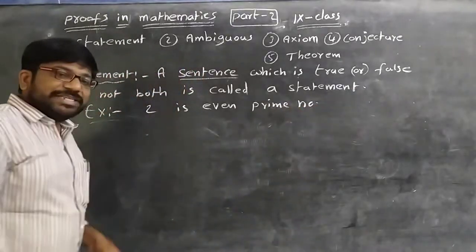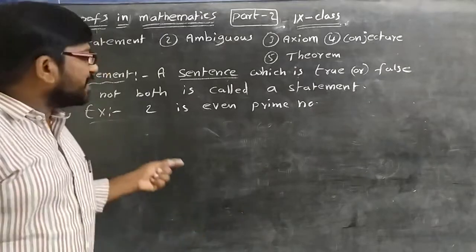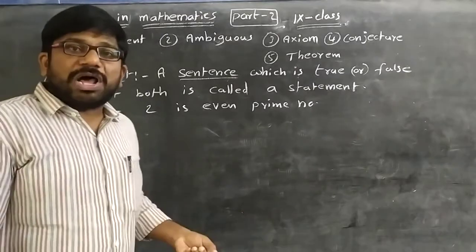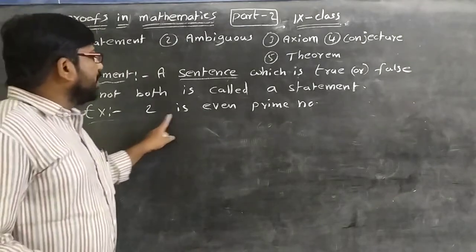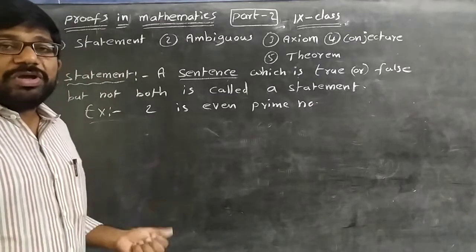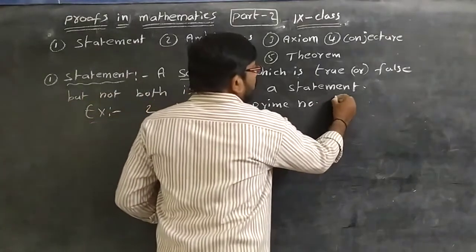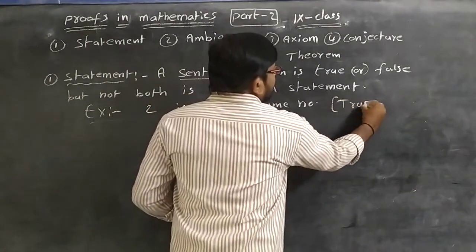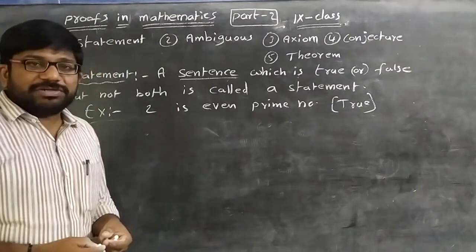Is it a statement? Yes, it is a statement. We decide whether it is true or false. According to the definition of prime numbers, 2 is an even prime number, so it is true. We use T for true.